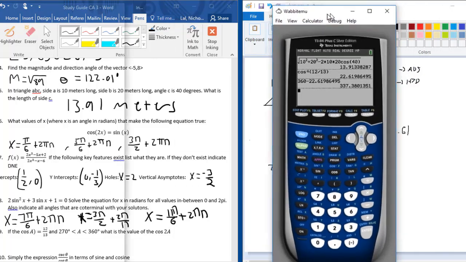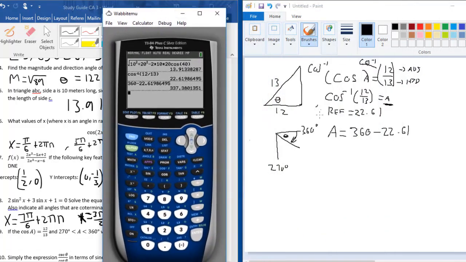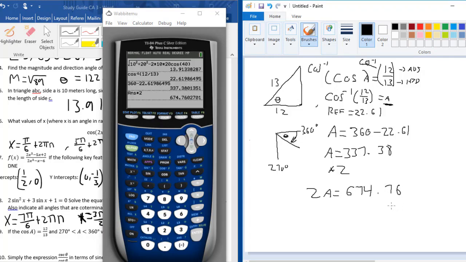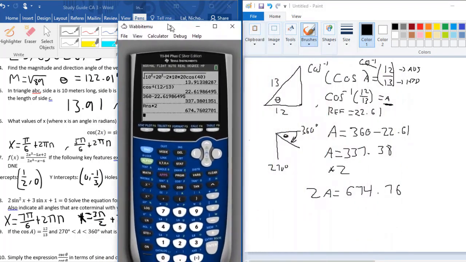So A is equal to 337.38. Multiply this by 2 in my calculator as well. 2A is equal to 674.76. And then my last thing is the problem is asking for the cosine of 2A.